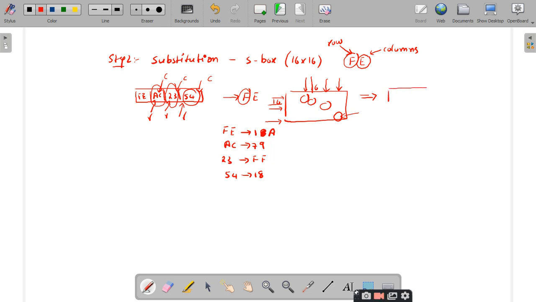So the output word after substitution is 1A, 79, FF, 18. This is the output of the second step. Clear up to this point?